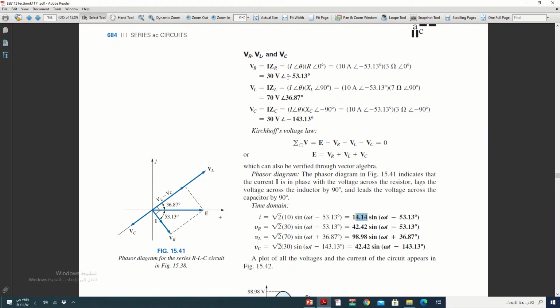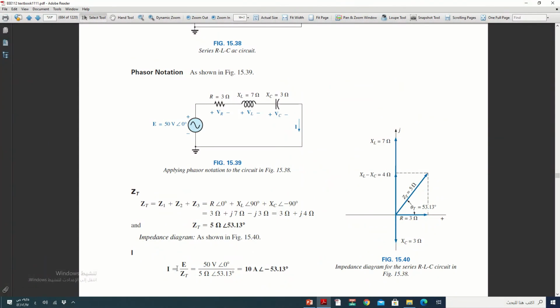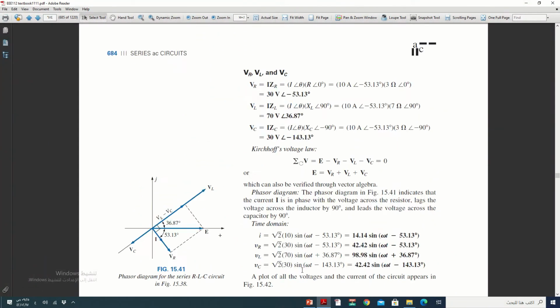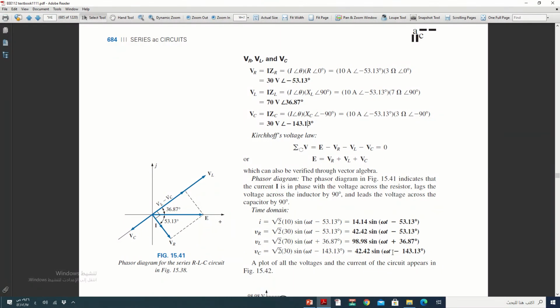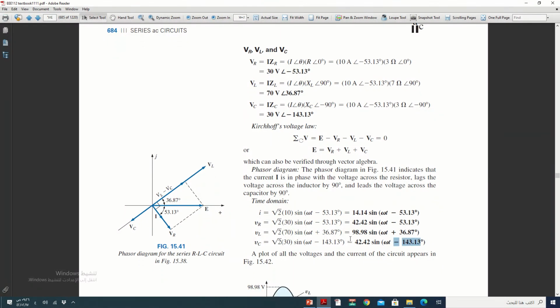Here it was minus 53, here you write minus 53, and similar for the VR. And here Li was minus 53, you write minus 53. For the VL was 36, you write 36. For the VC minus 143, it will be minus 143.